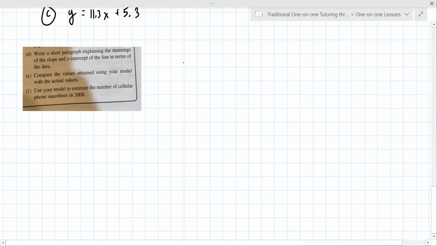All right, so part D here, interpret the slope. The slope is the rise over the run, and you need the units for the rise, or the units of the Y values. What are the units of Y? Here the units of Y is the number of phone subscribers.